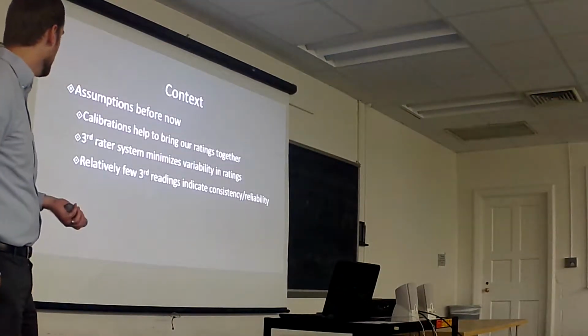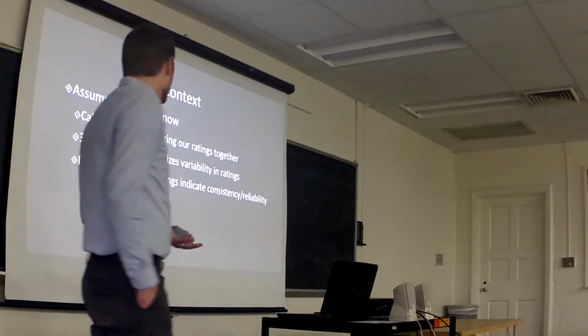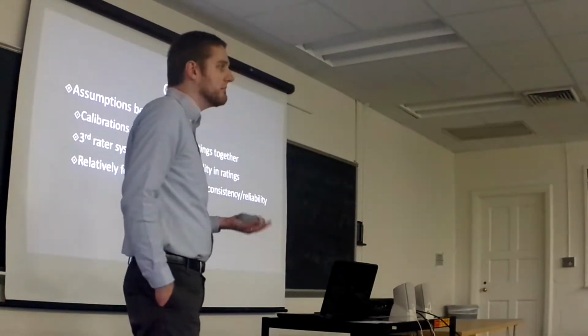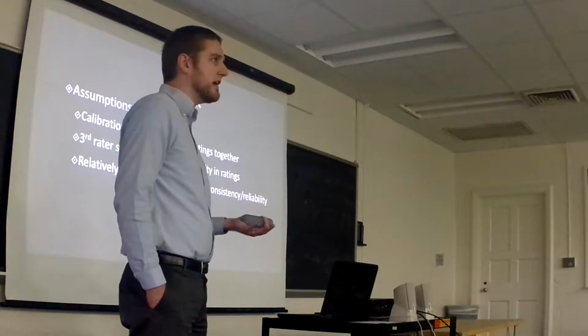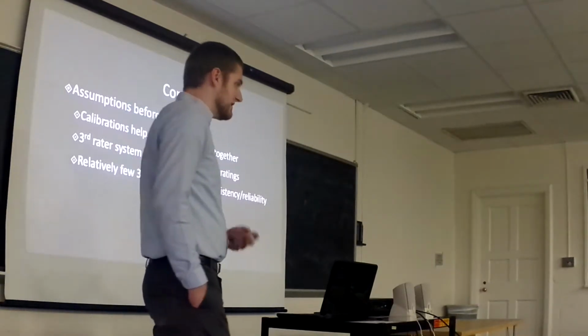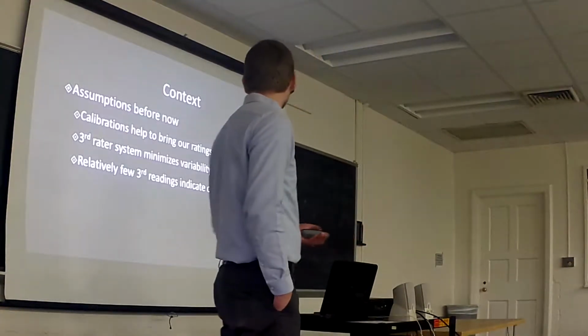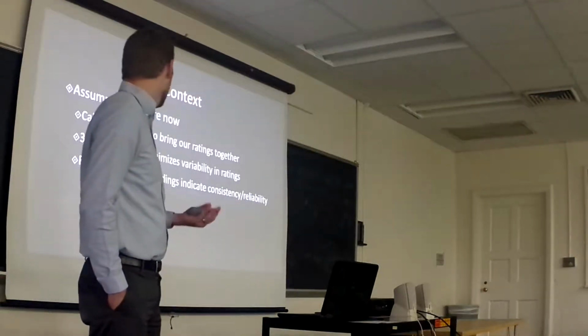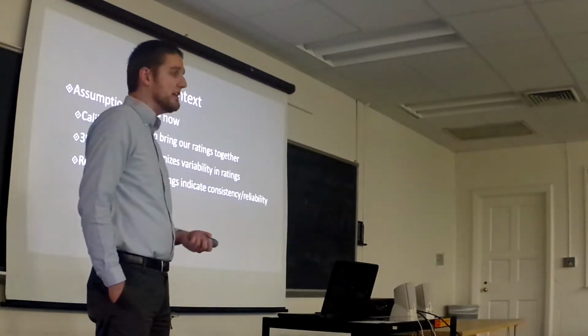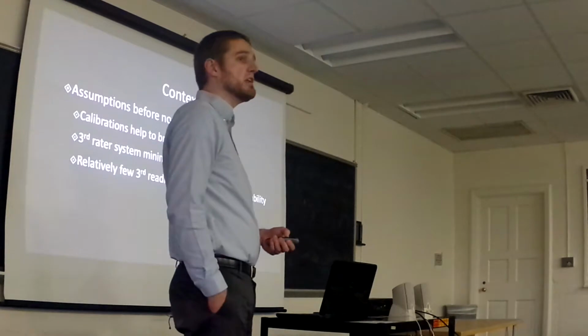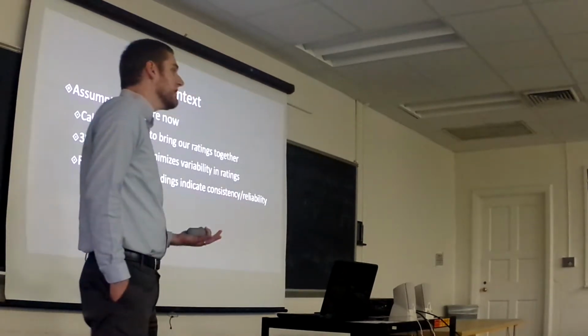And we make the argument that there are relatively few third ratings every semester. There are a handful with each testing session. In the fall, there are more than a handful, but the fact that there are relatively few indicates some level of consistency or reliability, that we're rating pretty closely together.